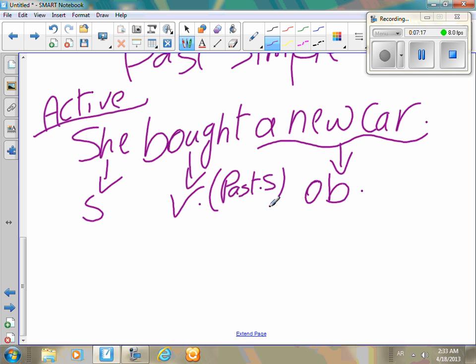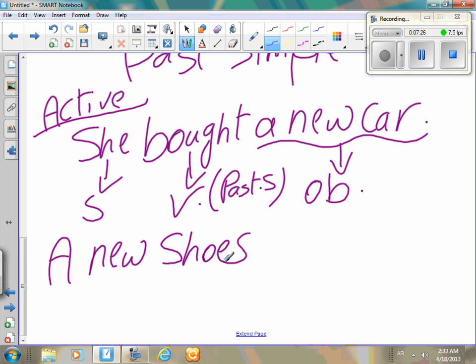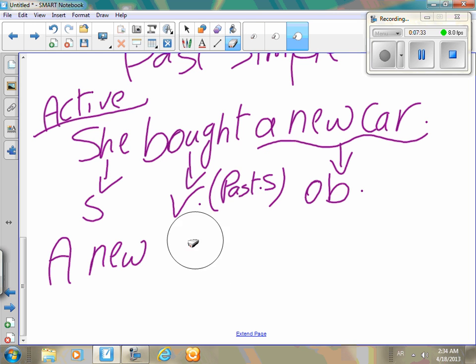So we said the third step that you are going to do is what? Move the object to in front. A new car. What is verb to be in the past?